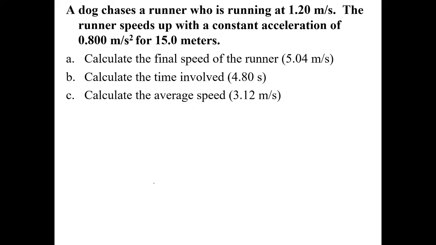So now that I have a clean slide, let's do part C. Calculate the average speed. So to calculate the average speed, we're going to use the average speed formula. V final plus V initial all over 2. And note that it's plus here. And this one's pretty easy because we just have to substitute.